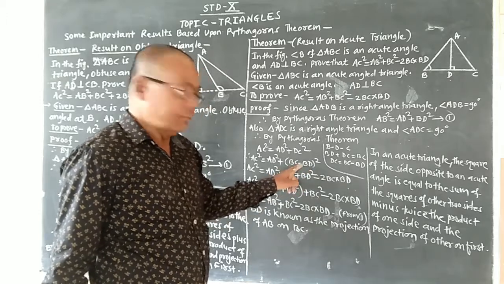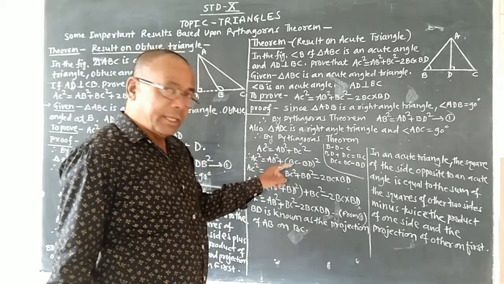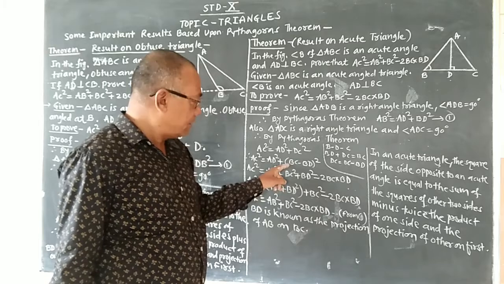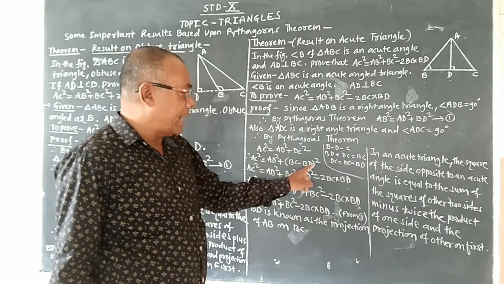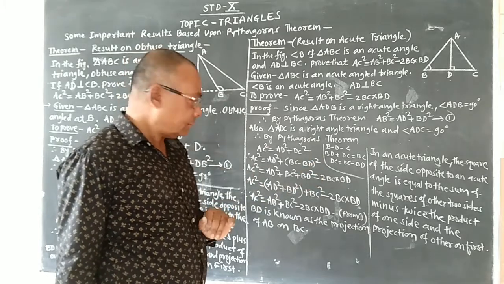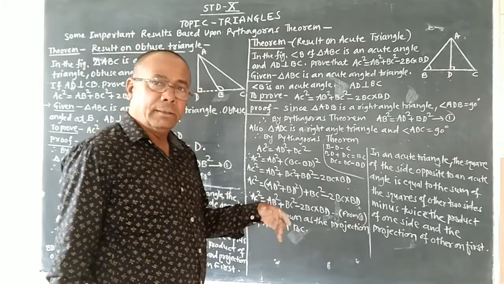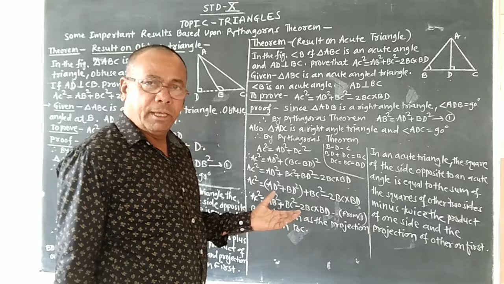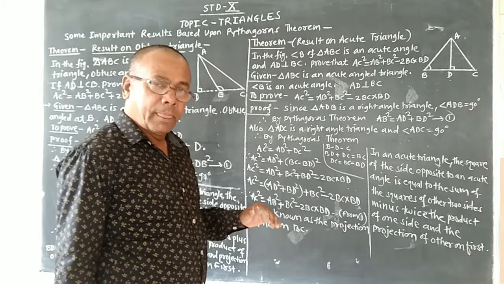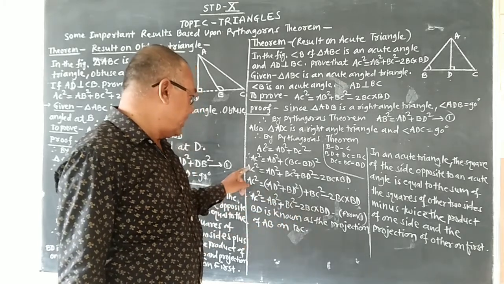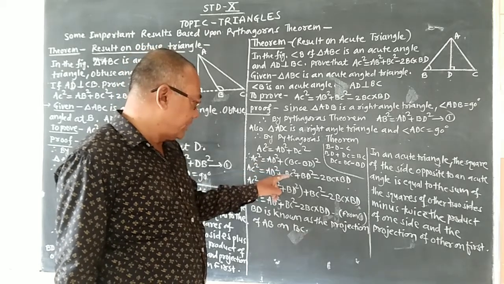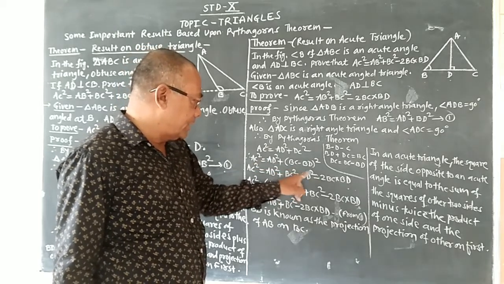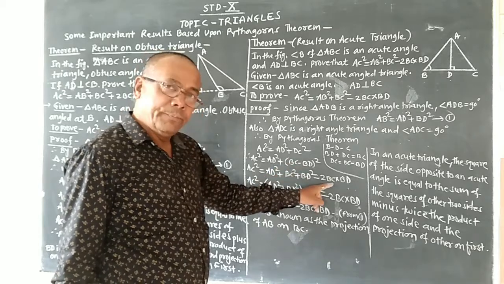We can substitute this value here. We can expand this bracket by the identity (A minus B) whole square means A square minus 2AB plus B square. So AC square is equal to AD square as it is here, BC square plus BD square minus 2BC into BD.